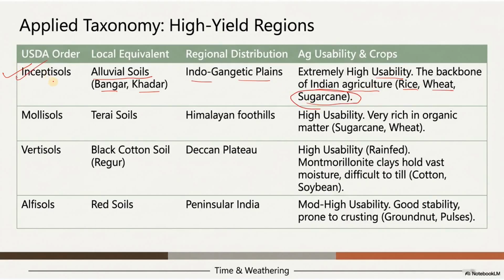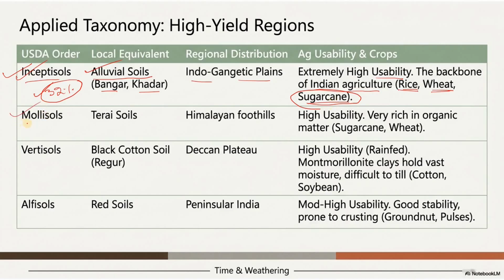Hope you will now remember that Inceptisols are the largest share of soil found in India, around 32%. If I am not wrong, you can check it on Google: 32% of Indian soil distribution is made up of Inceptisols, which is alluvial soil. These are good for rice, wheat and sugarcane.